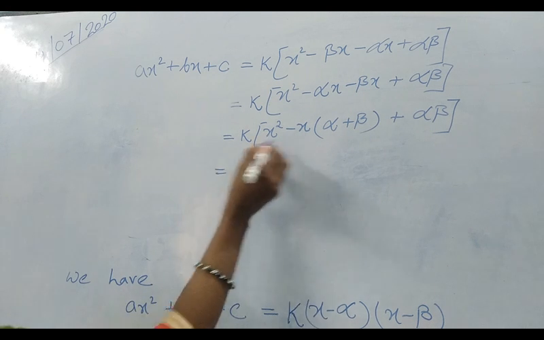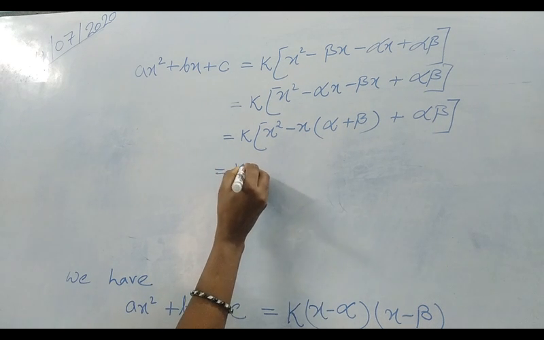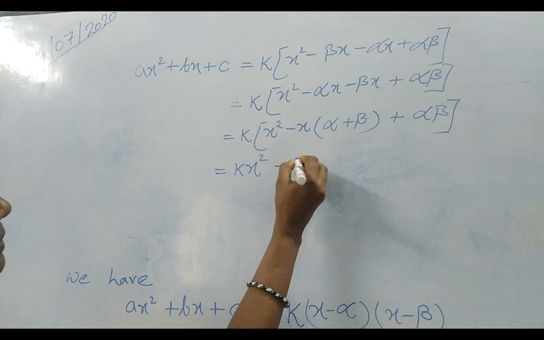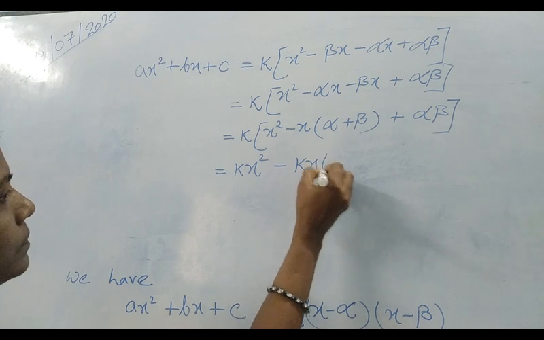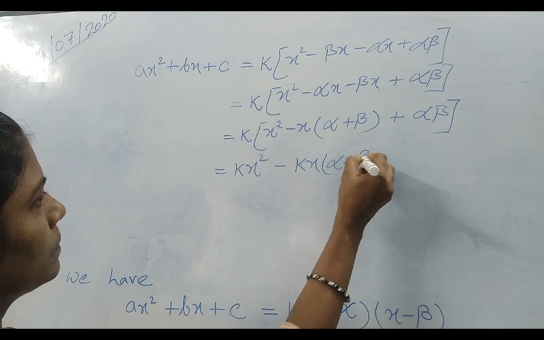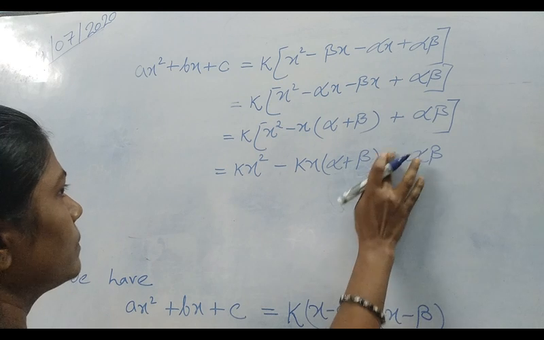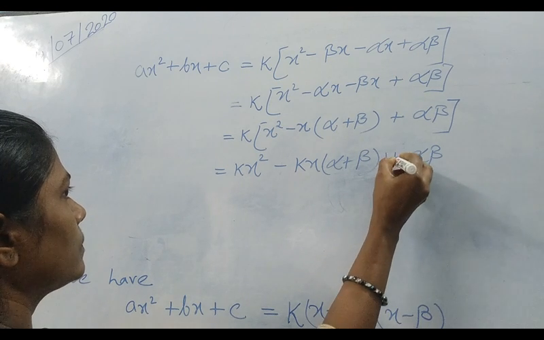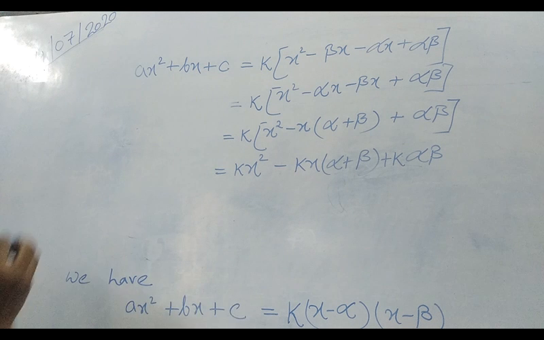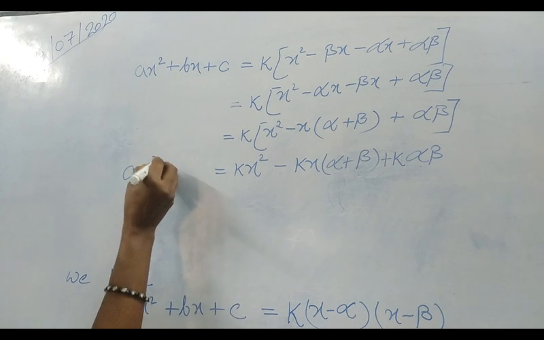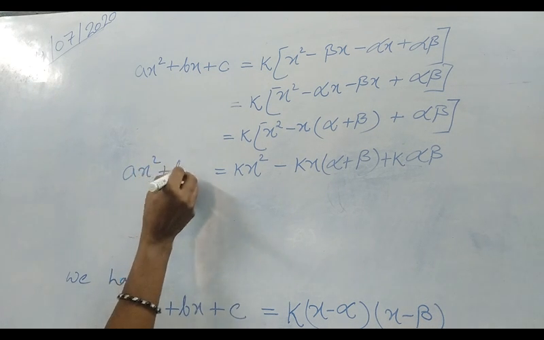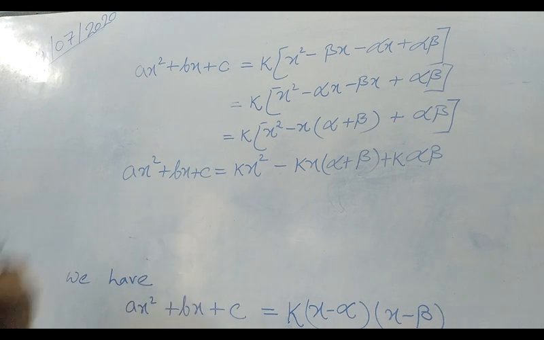Now break the bracket and k multiplied with each term, k alpha beta. Now here in the LHS we have ax square plus bx plus c.